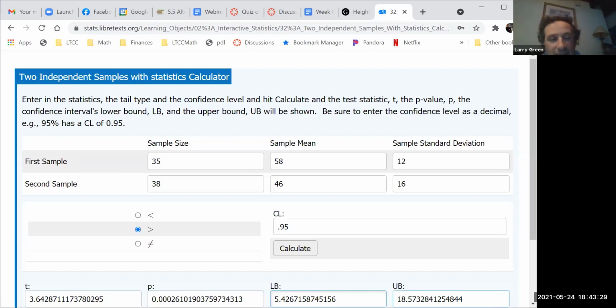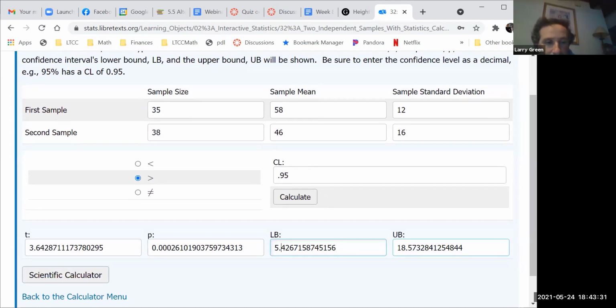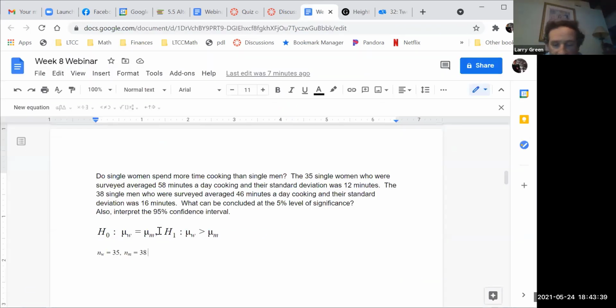Very important to understand the difference between the hypothesis test and the confidence interval. So what we can say, there is statistically significant evidence to conclude that the population mean amount of time women spend cooking.